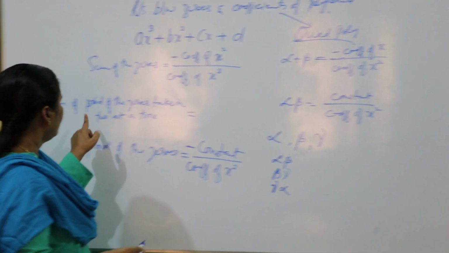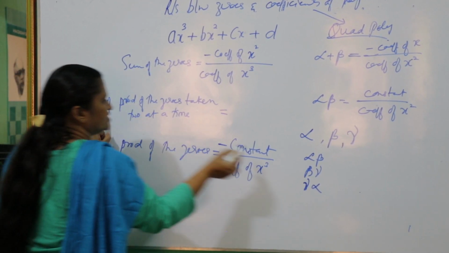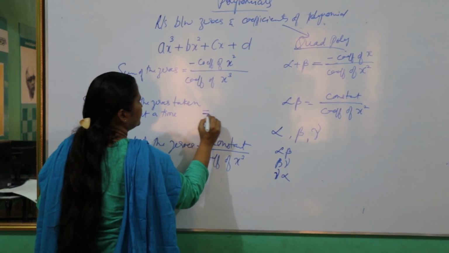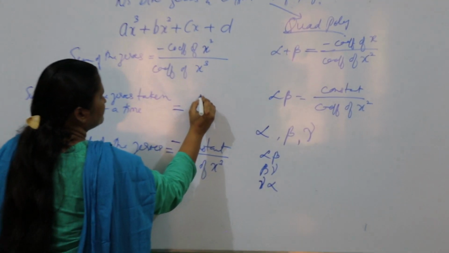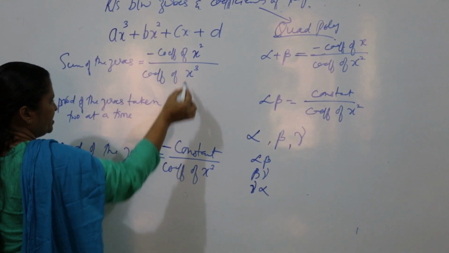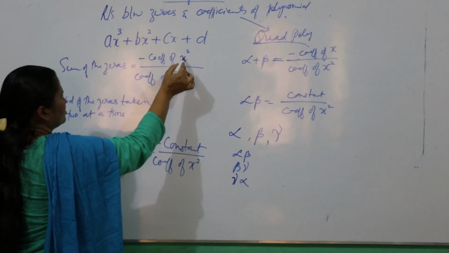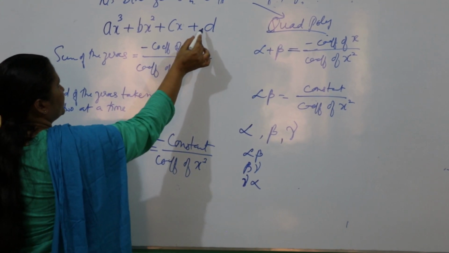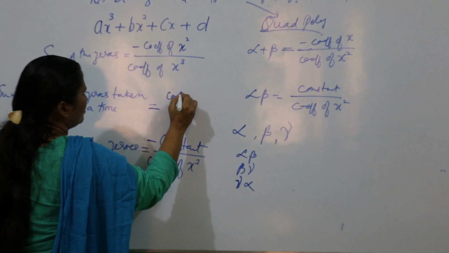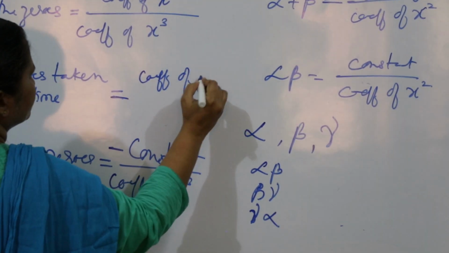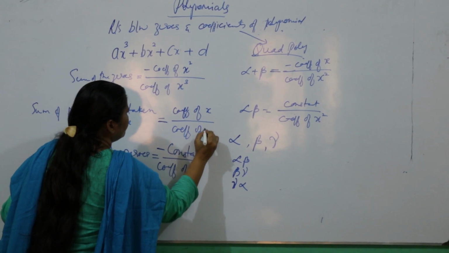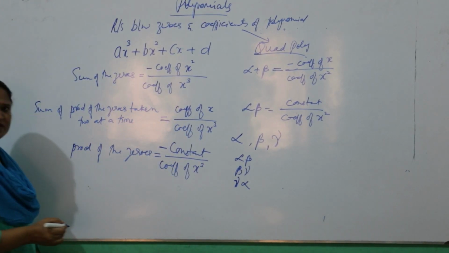Now, we are talking about the sum of these three. Okay? We will write this later. What is left now? We took x cube here in the denominator. We took x square and we have taken constant also. What are we left with now? Coefficient of x divided by coefficient of x cube, right?